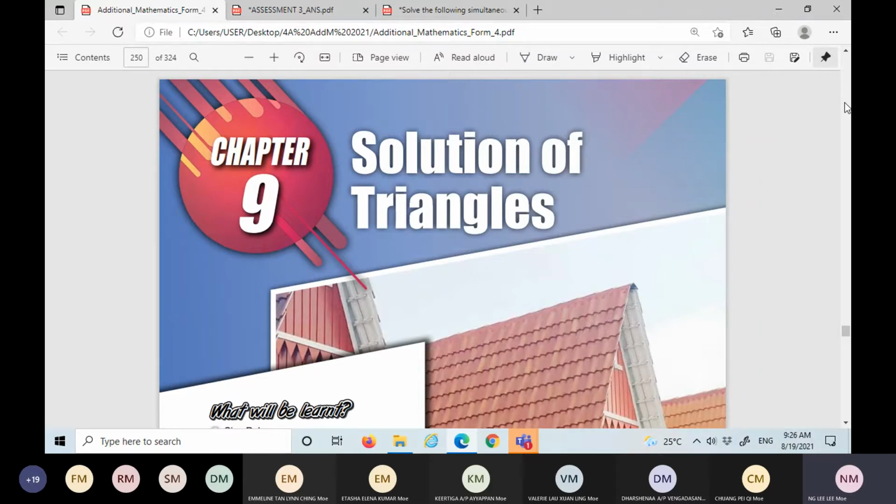So out of these 4 chapters, if you want, you can forget about 1 or 2 chapters, but we suggest you master at least 3 chapters. Don't just choose 2.